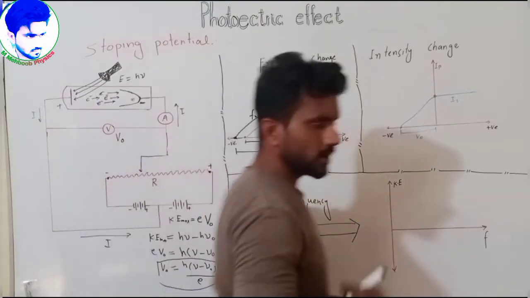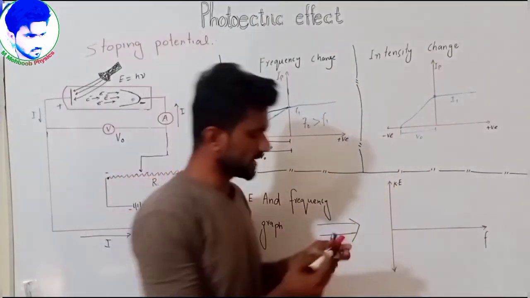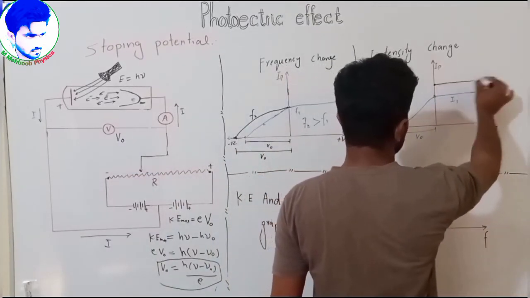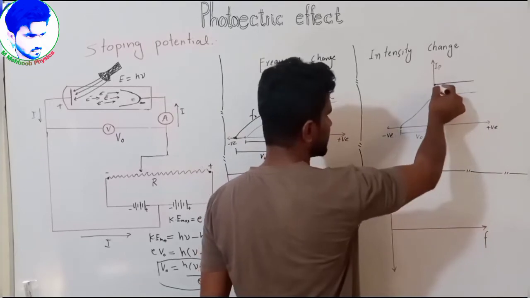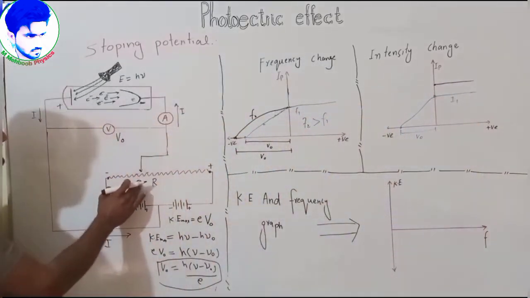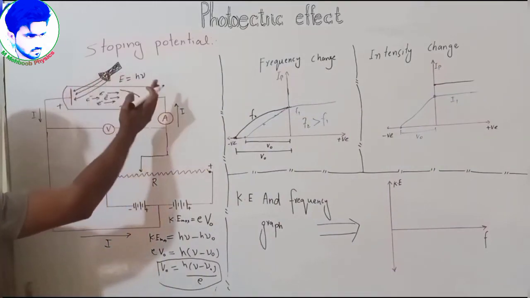So when the number of photoelectrons increases, it means that the value of the photoelectric current increases here. We apply the same negative potential to stop these electrons, because their kinetic energy does not change.